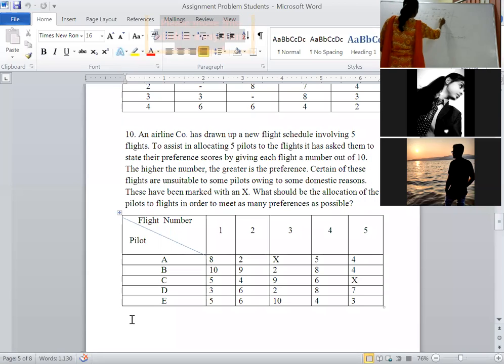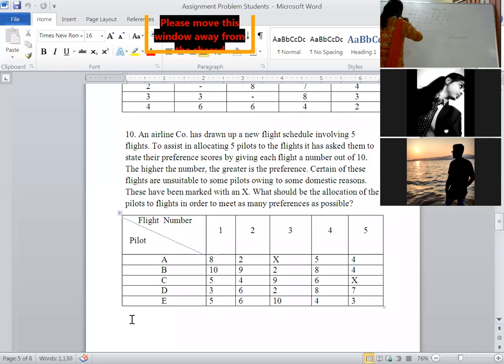10 minus 2, 10 minus 8, 10 minus 4, 10 minus 5, 10 minus 4, 10 minus 9, 10 minus 6. Here again 10 minus of minus infinity, 10 plus infinity.